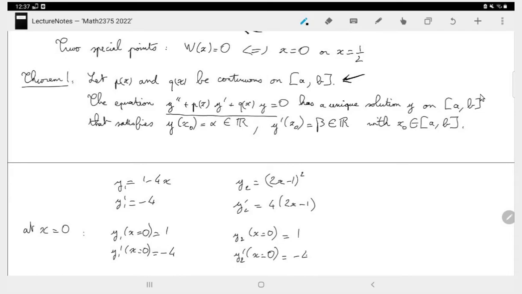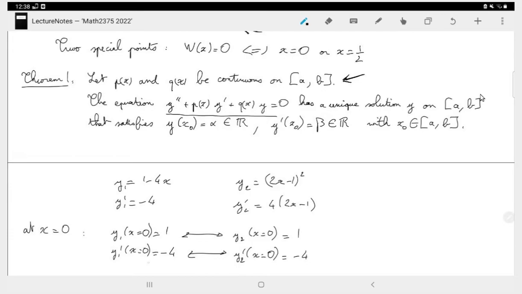Okay? So what we can notice here is that for x equals 0, our initial conditions for y1 and y2 are the same. But if we look back at the theorem, theorem 1 says, okay, our hypothesis is p and q are continuous functions on (a, b), then the equation has a unique solution on that interval that satisfies the set of boundary conditions.